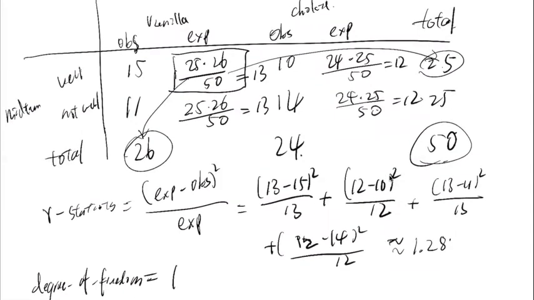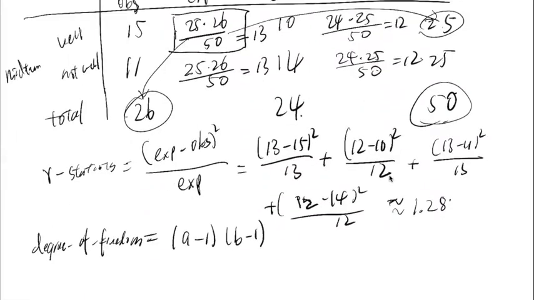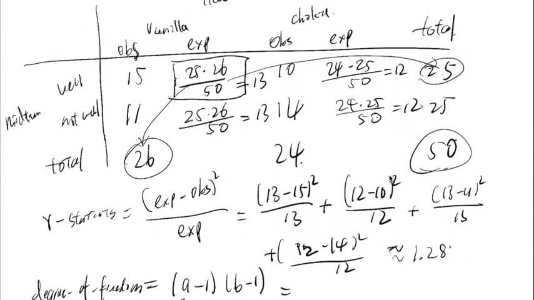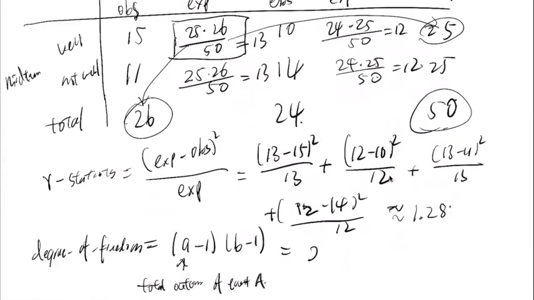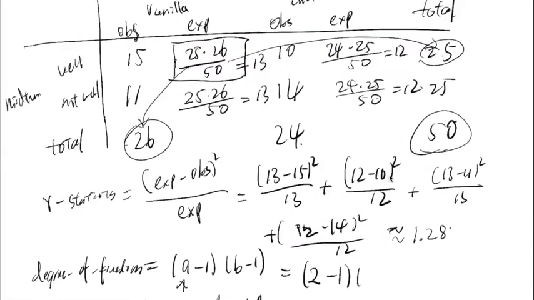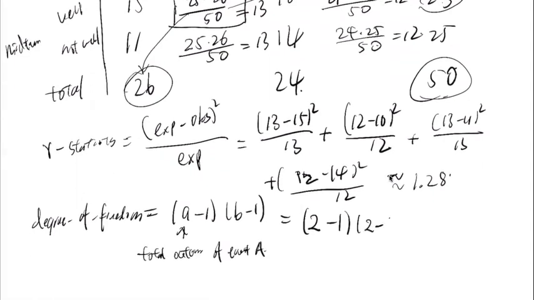The formula is (A minus 1) times (B minus 1), where A stands for the total outcomes of event A, and B stands for the total outcomes of event B. In this case, we only have two possible outcomes for ice cream flavor, vanilla and chocolate, and two possible outcomes for midterm performance, well or not well. So 2 minus 1 times 2 minus 1 is equal to 1. So our degree of freedom is just 1.